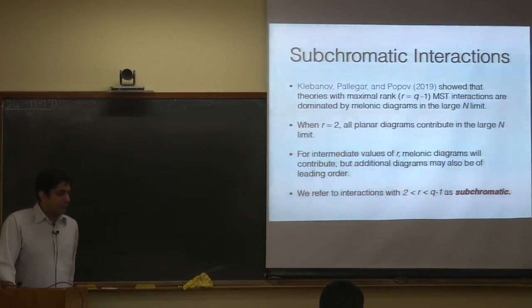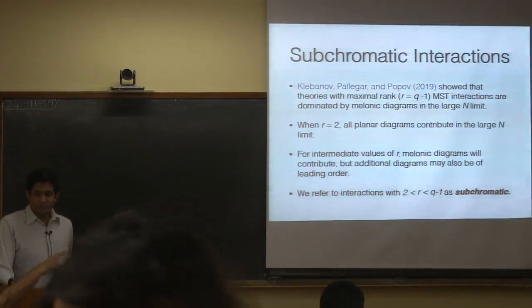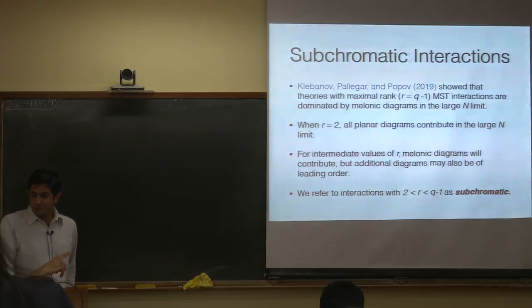You could, but of course it depends on the interaction. You also have to specify the interaction. It's not that all interactions of a given rank and Q are the same. The number of terms of that sort grows as Q goes to infinity, right? They grow as Q goes to infinity. But if R is set to Q minus 1, then it's unique.